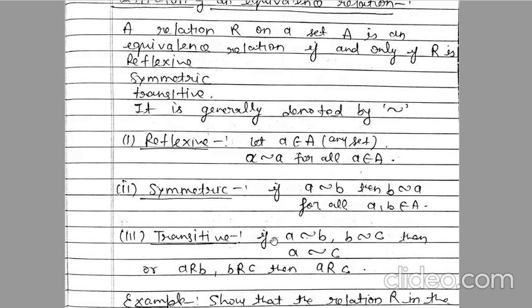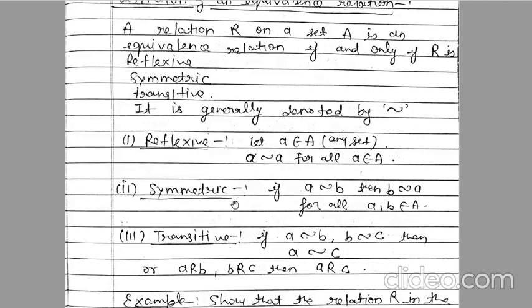So capital A is the set and small a is the element of that set. If a is related to a, that means a shows a relation with itself, then it is called a reflexive relation. That means the element is related to itself.